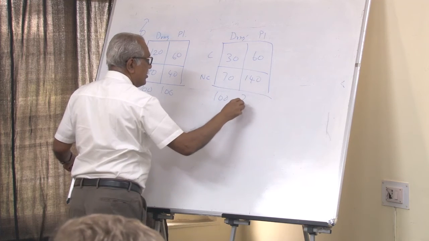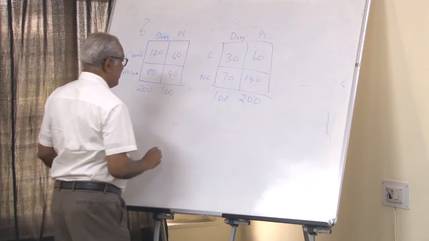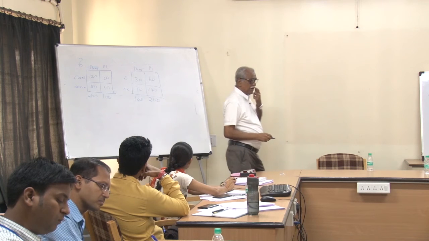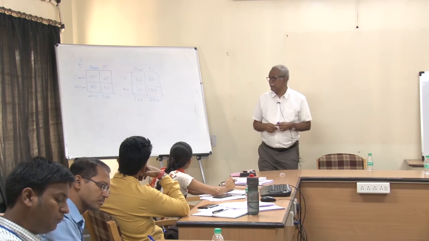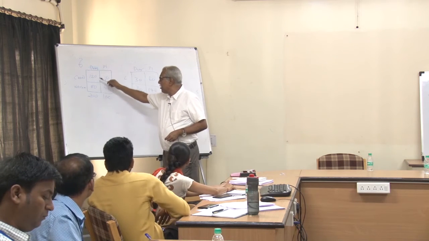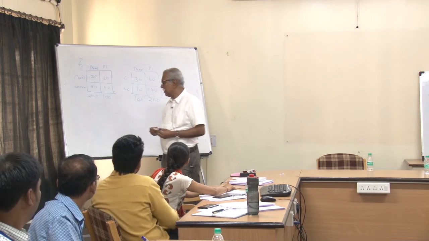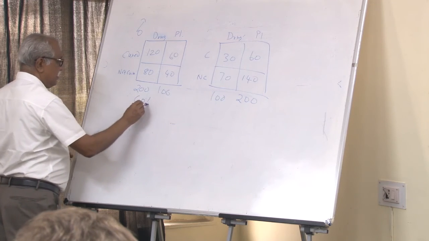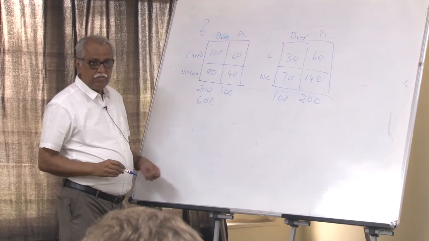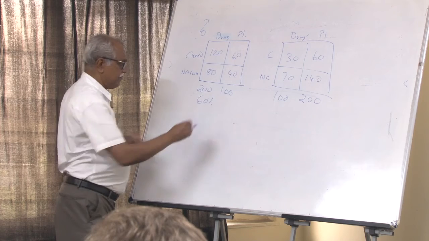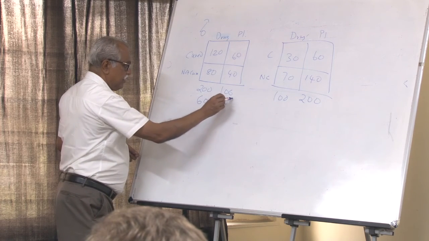Now let us look at the table carefully. If you look at the drug group, the cure rate is 60%. Can you see that? 60%. What about the placebo group? It's also 60%. So what shall we conclude? The drug is no use in men.